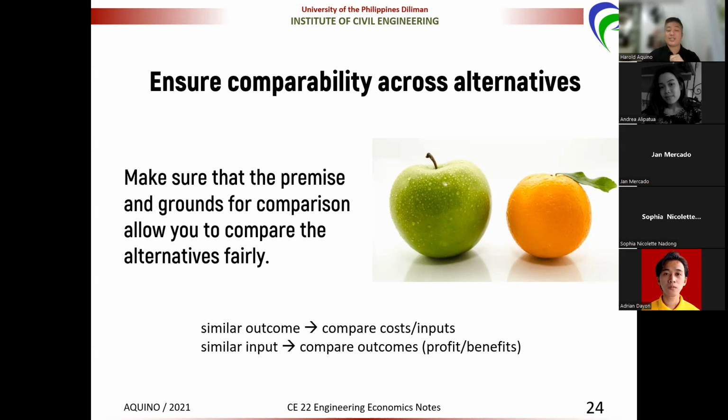For two or more projects with similar inputs, then we can possibly compare them in terms of their outcomes or in terms of profit or benefits. Now, for two or more projects with different outcomes and different inputs, pwede nating i-compare yung kanilang net present worth of the cost-benefit analysis. So pwedeng ganon. But we also need to make sure that the parameters that we set the comparison for are fair for all the alternatives being considered.